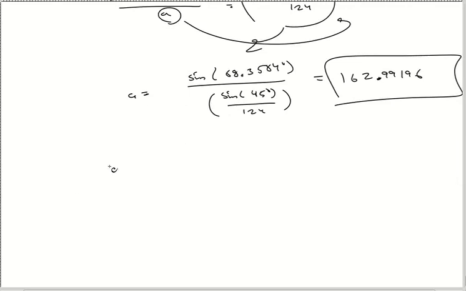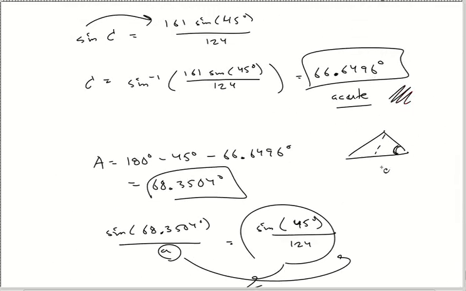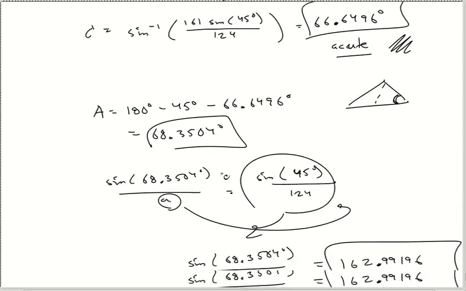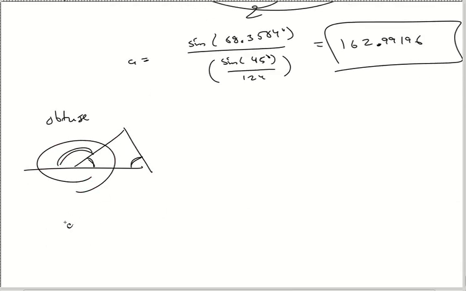So keep going. Now I want to do the obtuse version. Remember that I had my acute angle right here. I'm going to 180 it. I got this angle, and this is the same angle. I want this one here. So in order to get that, I'm doing 180 minus that 66.6496.